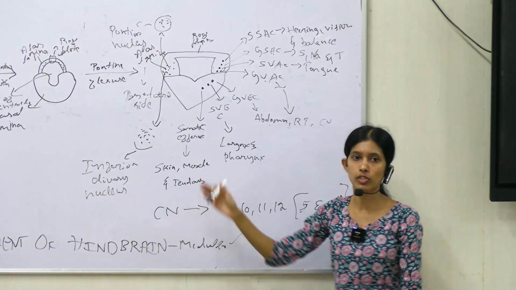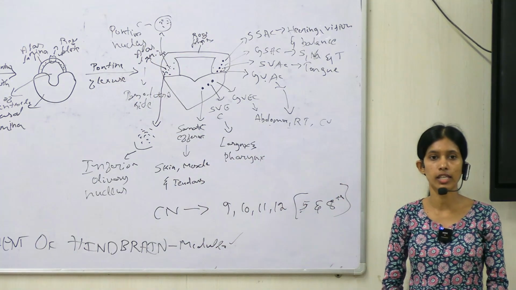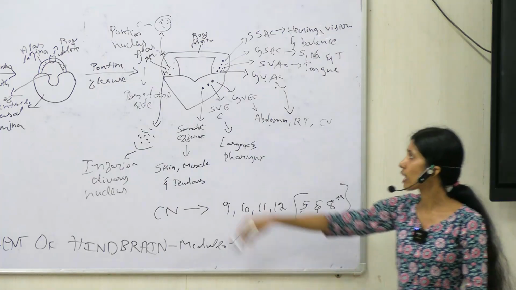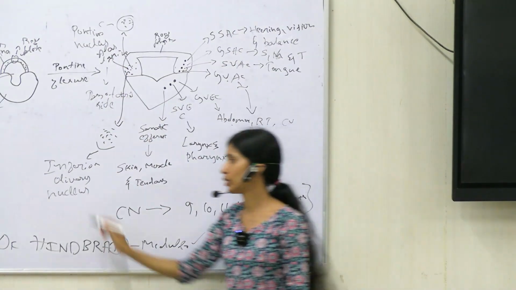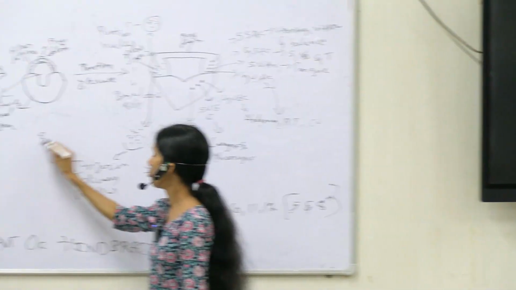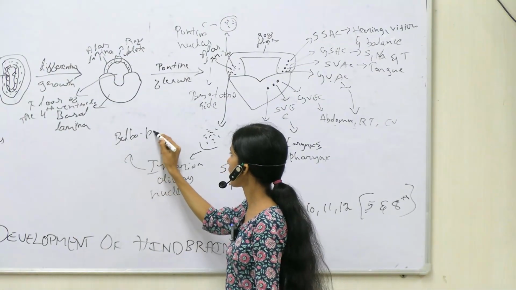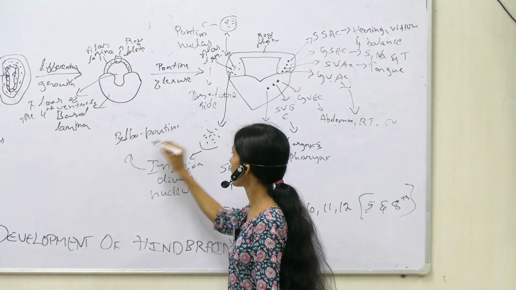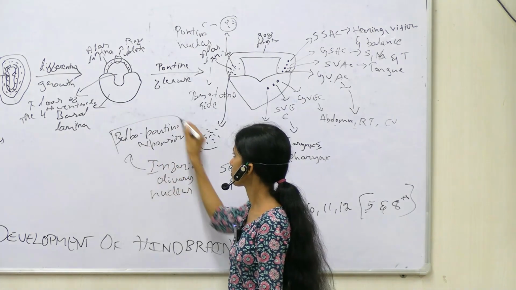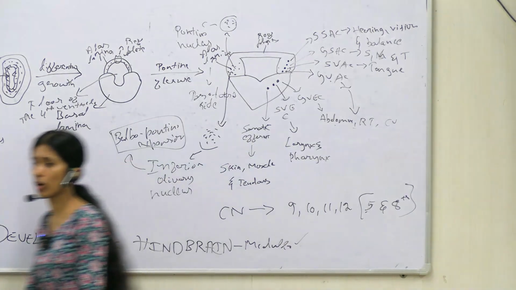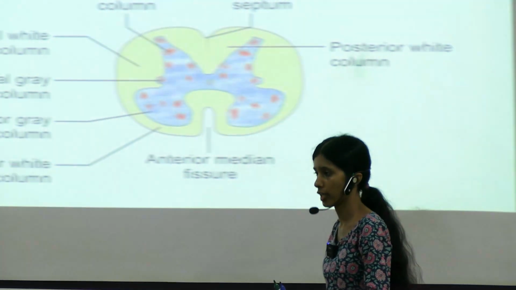So this expansion of the cells of alar lamina, starting from the pontine nucleus to your inferior olivary nucleus, is called bulbopontine expansion. Okay, so this is called bulbopontine expansion.